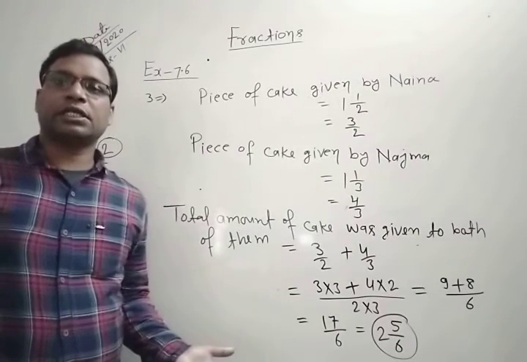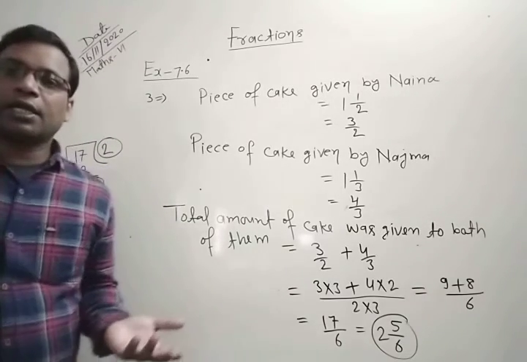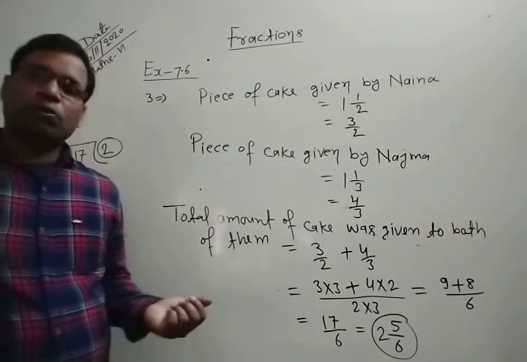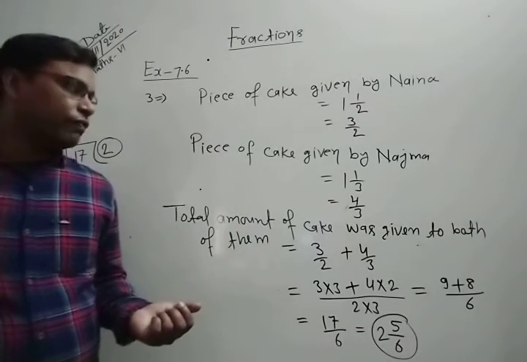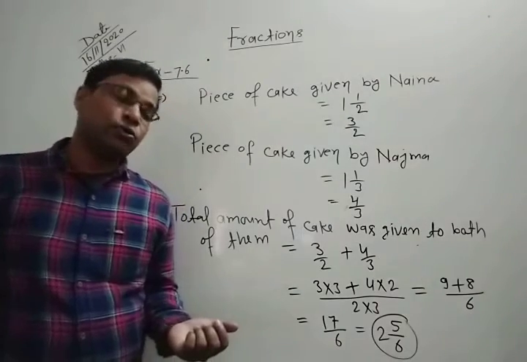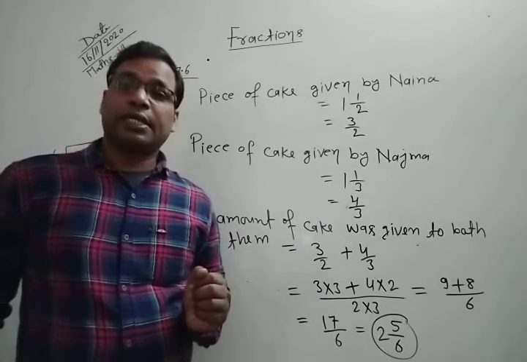In this question, it is given that Naina was given 1 1/2 pieces of cake and Najma was given 1 1/3 pieces of cake. We need to find the total amount of cake given to both of them, meaning Naina and Najma.